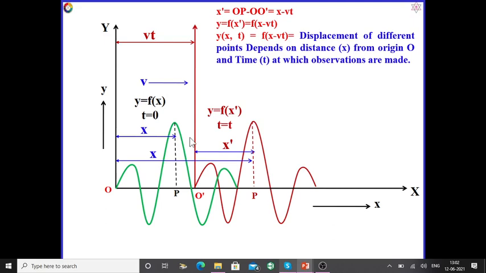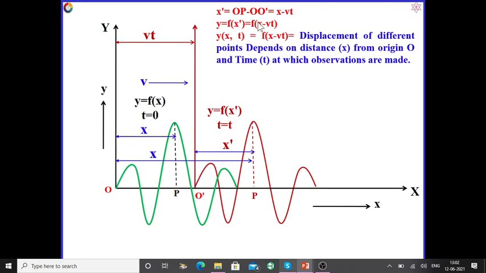That means the observation from the O dash frame is transformed to the O frame. How? Instead of x dash we can write x minus vt, because from this figure, from O to P the distance is always x, since this is only in the x frame or O frame, but in the O dash frame it will be x dash.